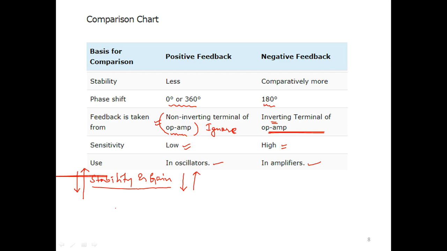Now the point is, should we go for a highly stable amplifier circuit or should we prefer a higher gain amplifier circuit? As a thumb rule, stability is given more preference when compared to gain.